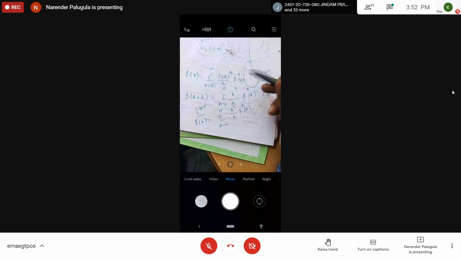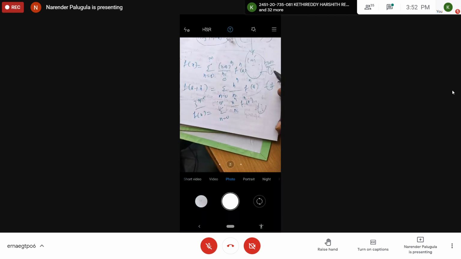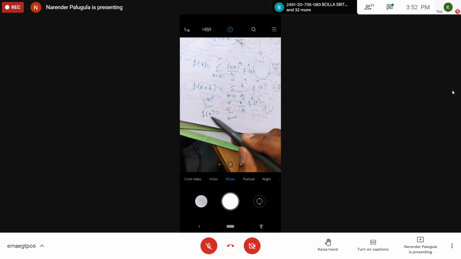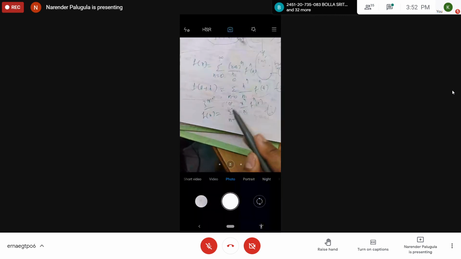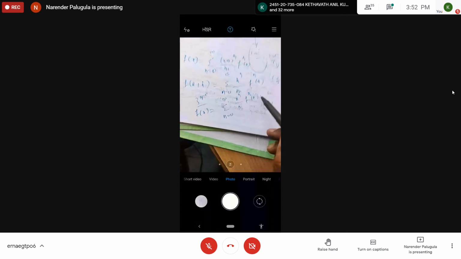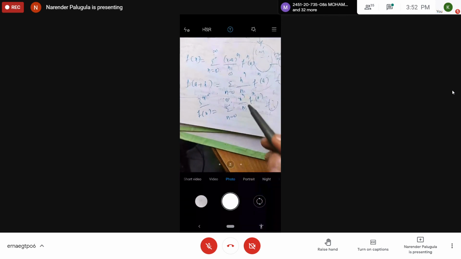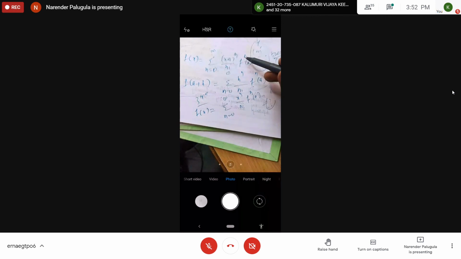Now see the difference between the first formula and the third formula. What is the difference? In the first and third, the same f of x is on the left side, but on the right side you are supposed to identify these changes. What are the changes in formula 1 and formula 2?